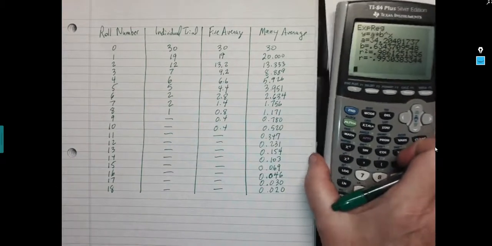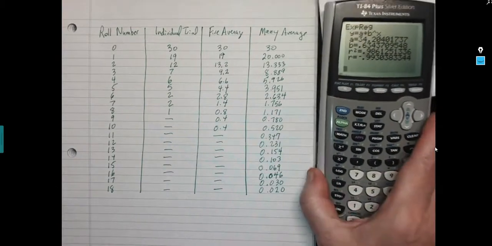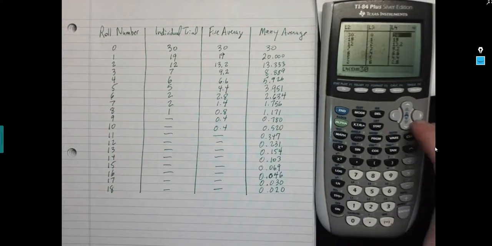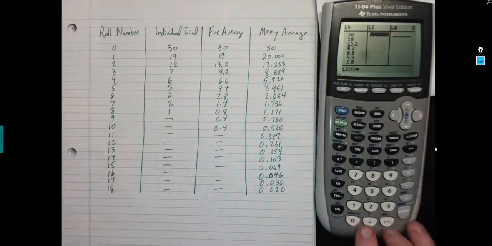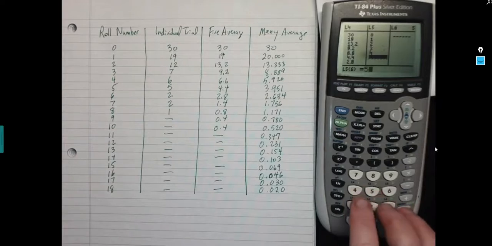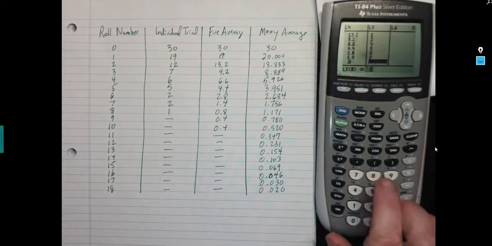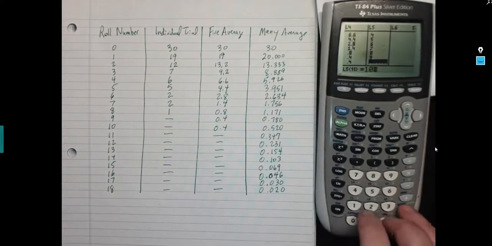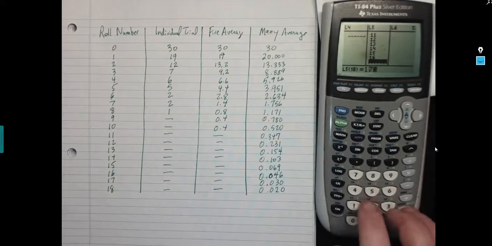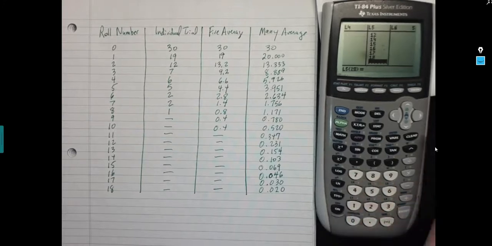Okay, so enter, and let's scroll over to list 5, and I want all of those 0 through 18. Okay, and then I'm going to scroll over to list 6 and enter these.